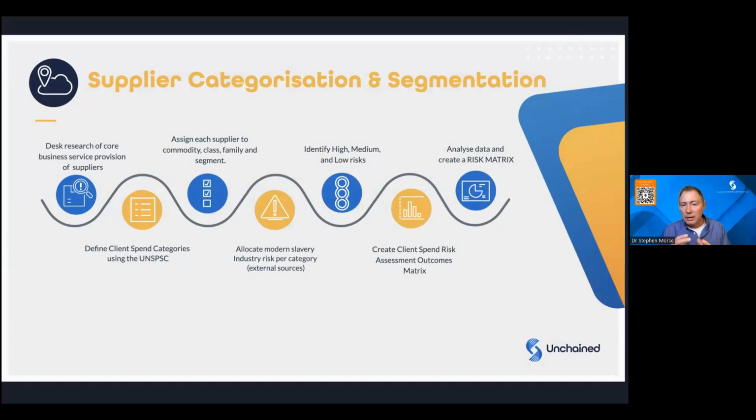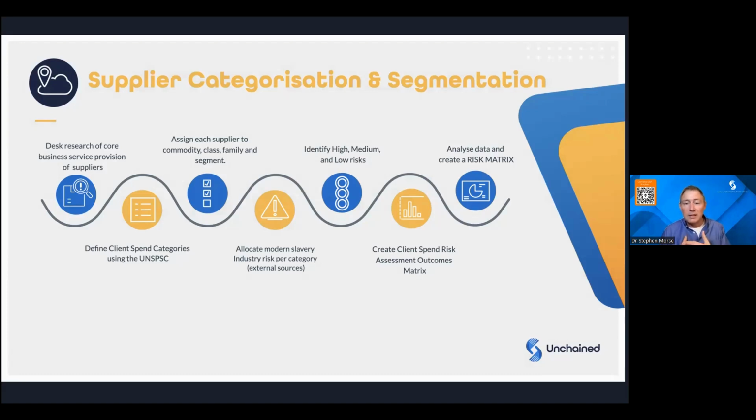Then we'll create a client spend assessment matrix, which will give some high level as well as a more granular level understanding of the types of risks, where those risks are by country, category, and what is happening at the direct supply level, and what is actually maybe happening at the indirect supply level, where they actually need to apply more due diligence activities.